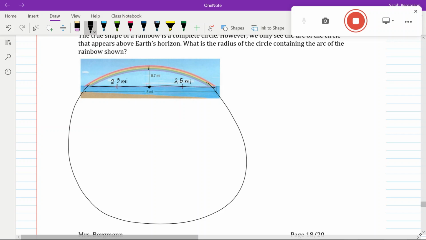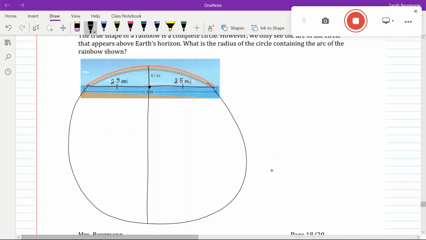Now, for the next one, we need to draw the entire chord. Something that you should know is that if 2 chords create a right angle, then one of the 2 chords has to be either a radius or a diameter. So we are going to draw this, and I know that this is a diameter since this is a right angle that's created.